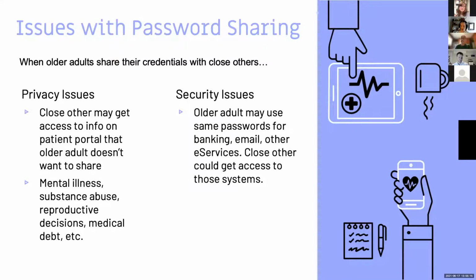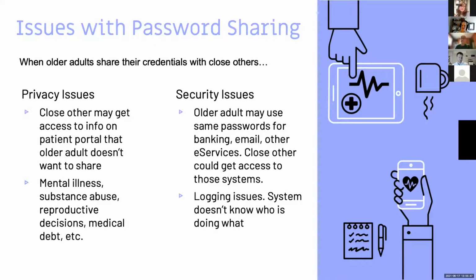So if an older adult shares their password to their patient portal with a niece, for example, because the niece is a nurse and she can help interpret test results, they may have suddenly just also shared their banking password with that niece, or the password to their email, or to their government retirement benefits, or any of those types of things. So that close other could then get access to those other systems.